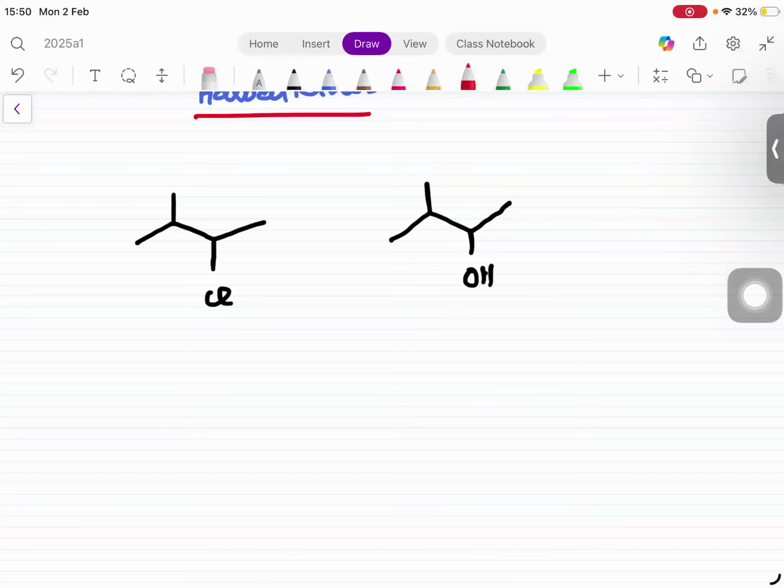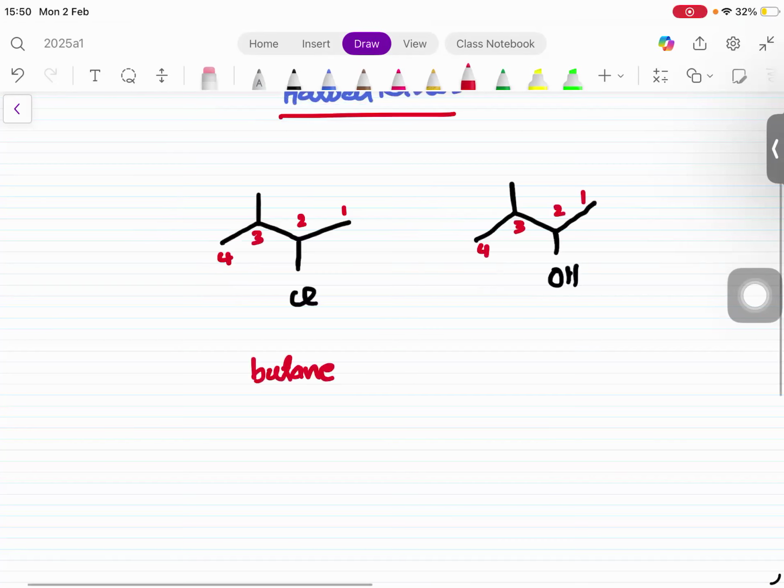You have to follow the same pattern. Number from the side where the functional group is near, select the longest chain. 1, 2, 3, 4. 1, 2, 3, 4. So a 4-carbon alkane is butane. In case of haloalkane, we just write butane. We don't change anything with alkane.